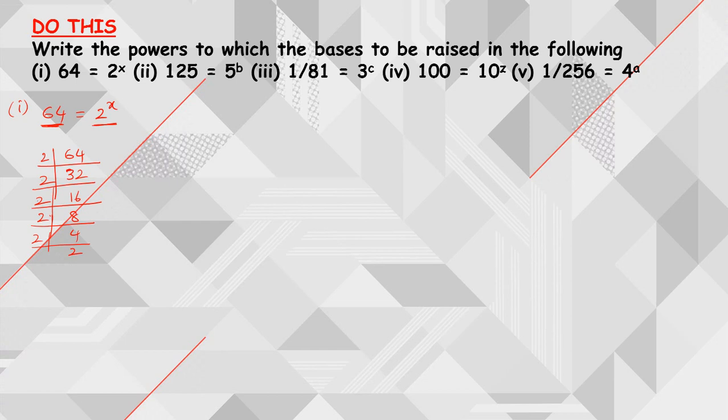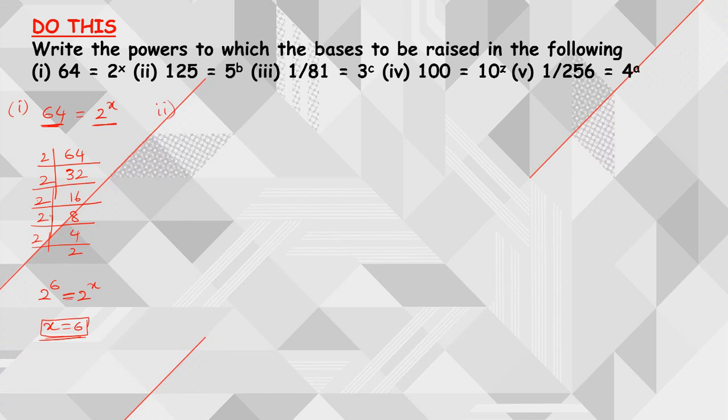So 64 I can write as 2 power 6, which is equal to 2 power x. From the laws of exponents, we have x is equal to 6. If you are asked to find the value of x, you can say the value of x is 6 also here. 2 power x is equal to 2 power 6. He is asking you to write in terms of powers, so we have represented it, right?